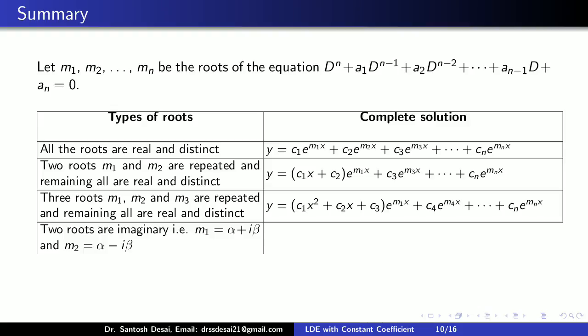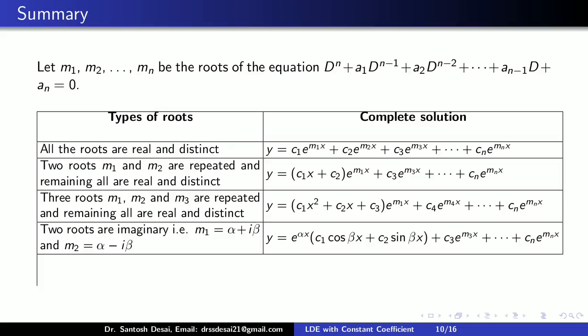And if two roots are imaginary, that is m1 is equal to alpha plus i beta and m2 is equal to alpha minus i beta, then CF is given by, first you write e raised to alpha x. Here you take alpha as a number, into C1 cos beta x plus C2 sin beta x plus C3 e raised to m3x plus and so on plus Cn e raised to mnx.